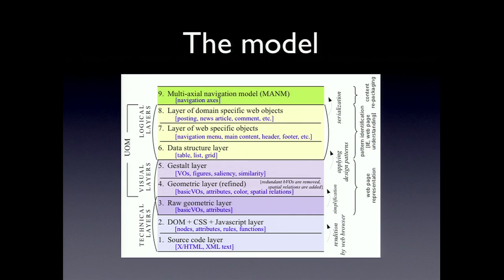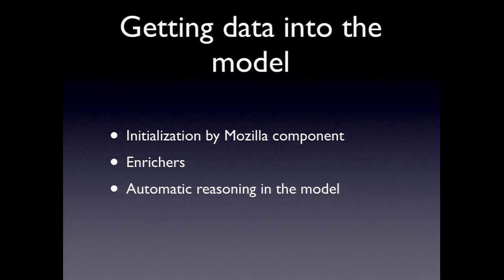But how do we get the information into the model in the first place? We created a Mozilla-based component, which does the rendering with the Gecko engine, and then stores its findings into the model. We have something that we call Enrichers.